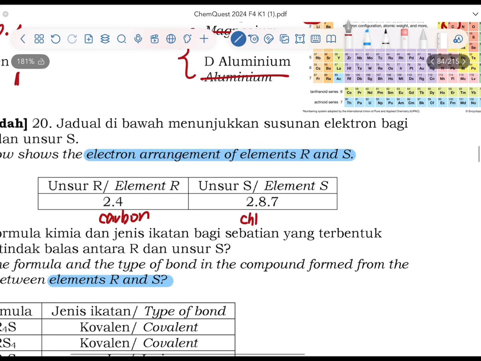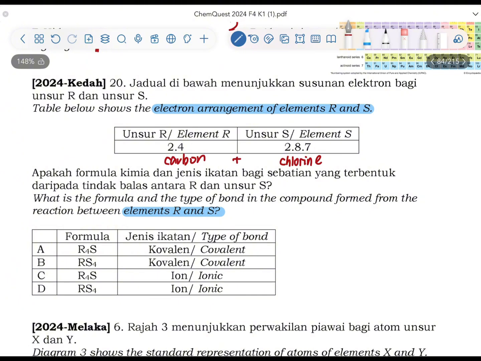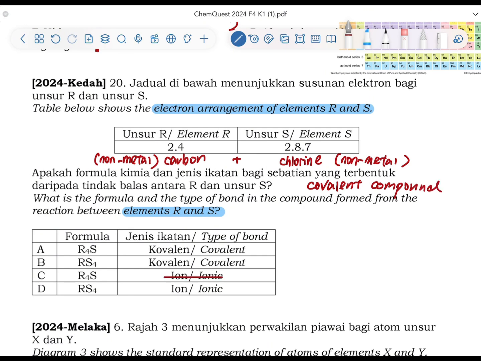So this is actually chlorine, and we know that in the combination between carbon and chlorine, because they are both non-metals, a non-metal reacting with a non-metal will form a covalent compound. So this is a covalent compound that has covalent bonds, and we can now already cancel out some of the options, which are C and D. Next we are going to determine the chemical formula.